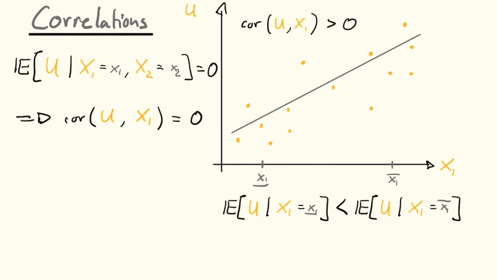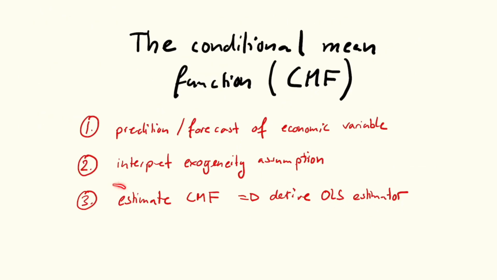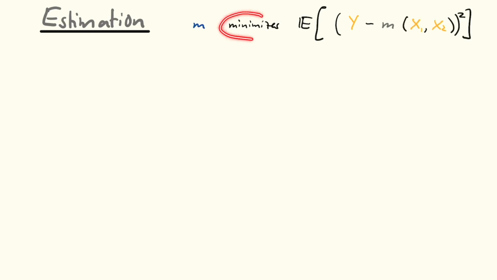Now let's move on to the last point on our agenda: estimation of conditional mean functions. We already know that the conditional mean function m minimizes prediction error. Here the minimization is over all candidate functions m.